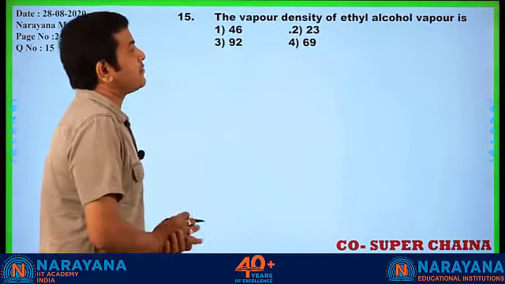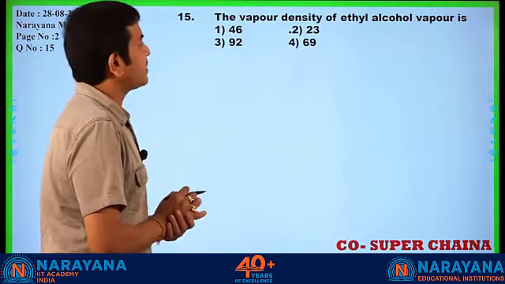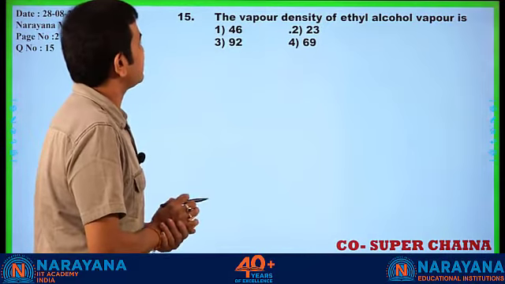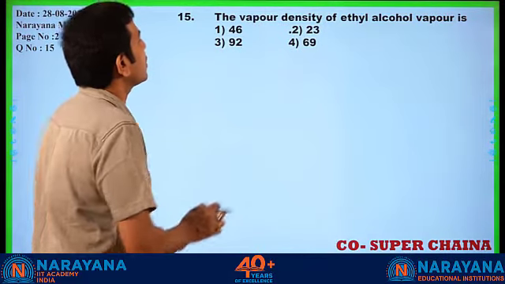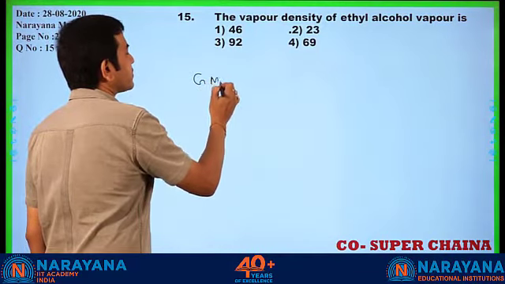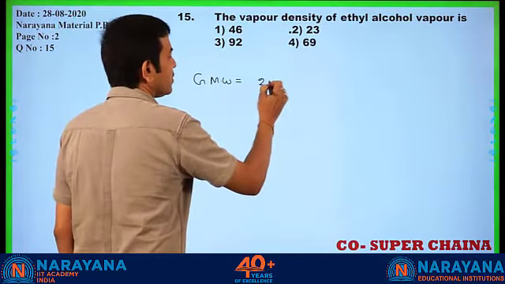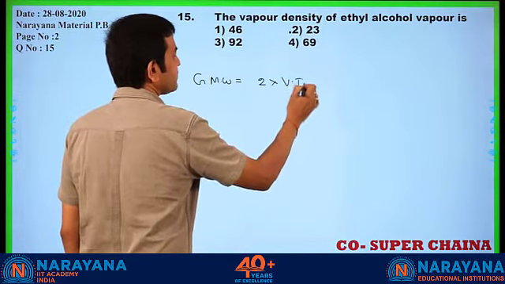The vapor density of ethyl alcohol vapor is? Okay, gram molecular weight is equal to 2 into vapor density.